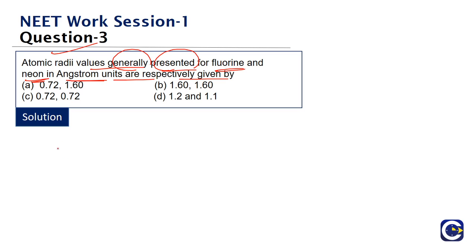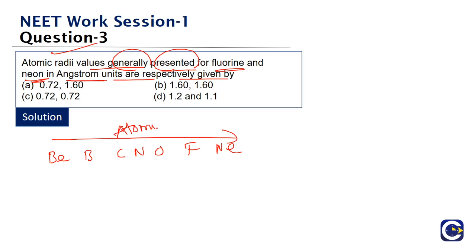This is the second period actually. So beryllium, boron, carbon, nitrogen, oxygen, fluorine, neon, this is the second period. When we move from left to right in any period, the atomic radius value will be what? It will be decreasing, because we are not adding any more shells, and nuclear power will be increasing.